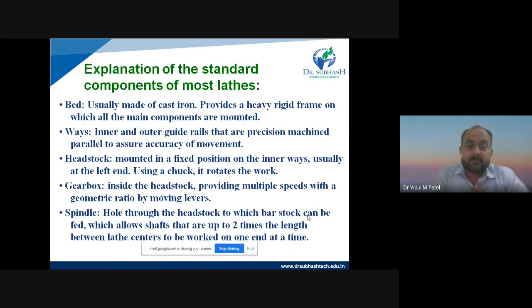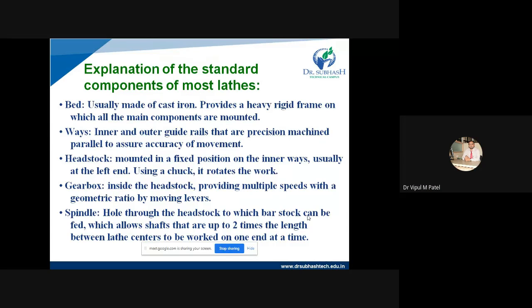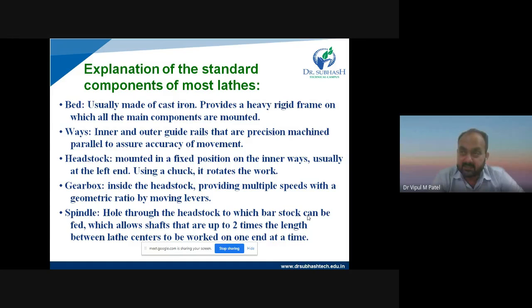Try to understand the spindle as we already saw the spindle in the previous schematic diagram in the previous slide. With the use of this, we can easily understand the uses of the spindle all through the headstock.